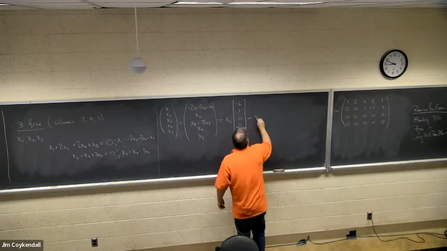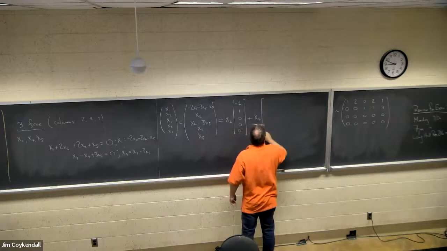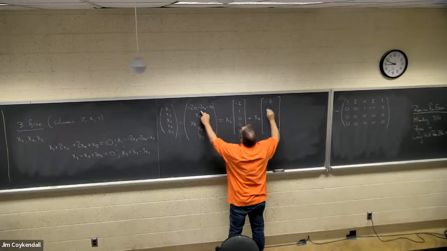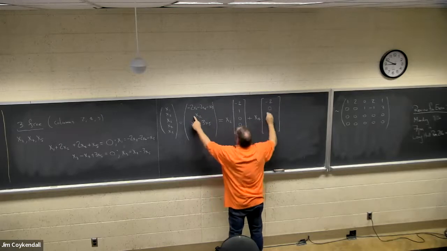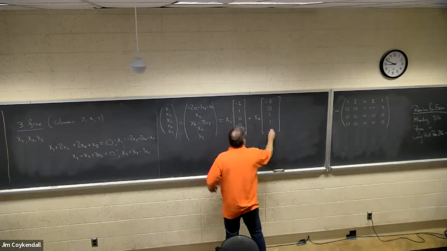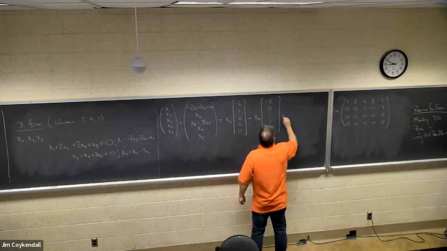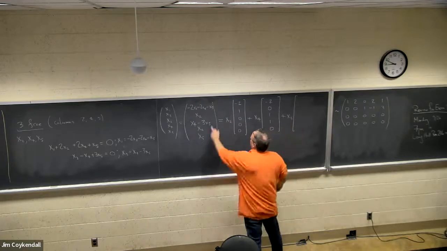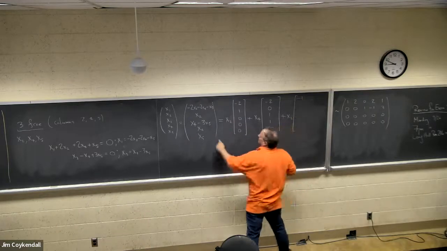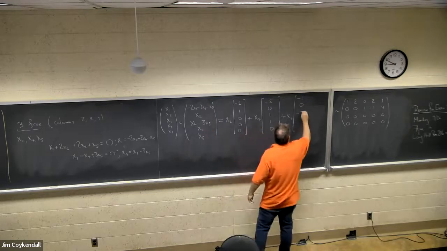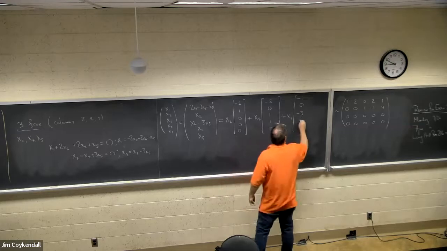And I've got an X4, minus 2 there, no X4, 1 X4 there, 1 X4 there, none there. And the next one is going to be minus 1, no X5, minus 3, no X5.